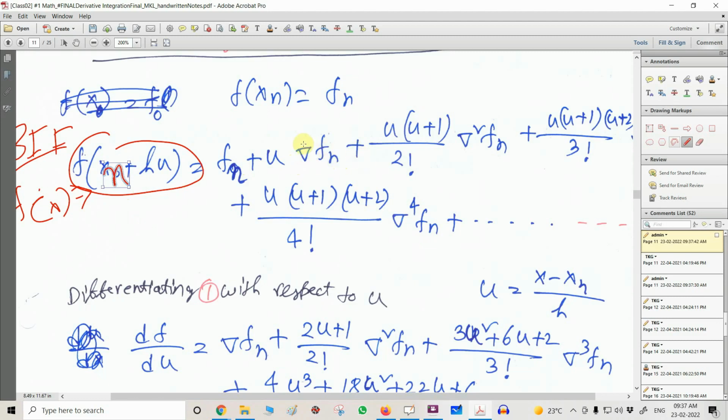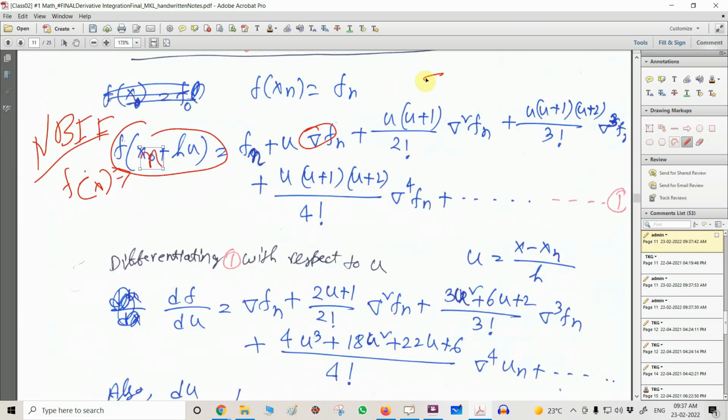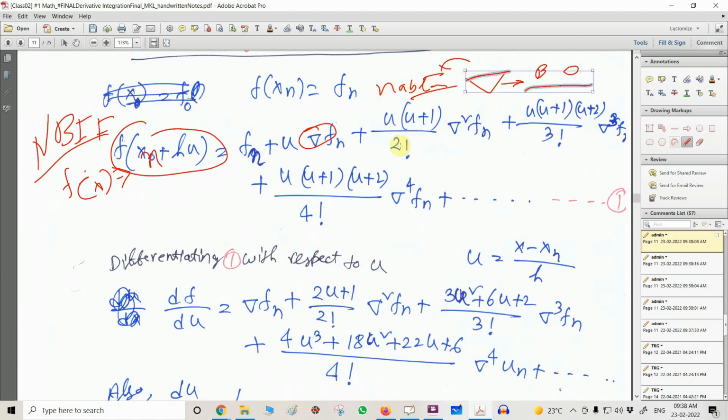What is this symbol? It is called the inverted delta operator, or the backward operator. Write this down: it's called the backward operator. This symbol is a Greek symbol called nabla, or inverted delta. Generally it is also the symbol of grad.